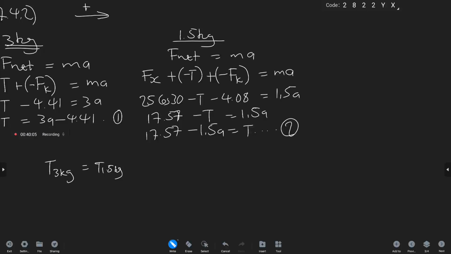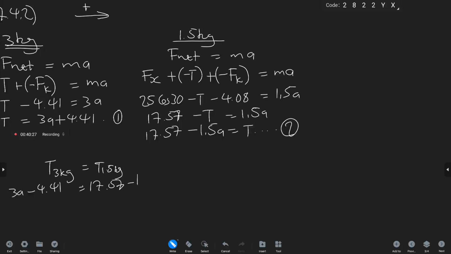We just have to correct that when I'm done writing the expression for the 3 kg block. So it's 3a plus 4 point, I'm repeating the same mistake of minus here. I'll fix it at the end.